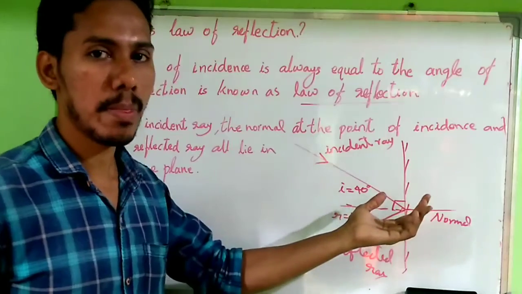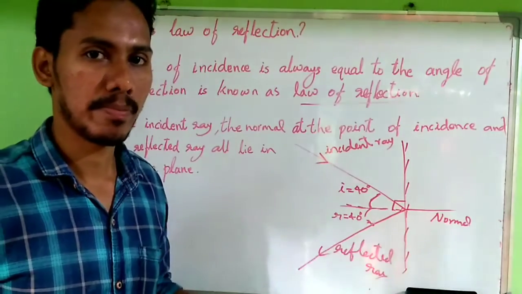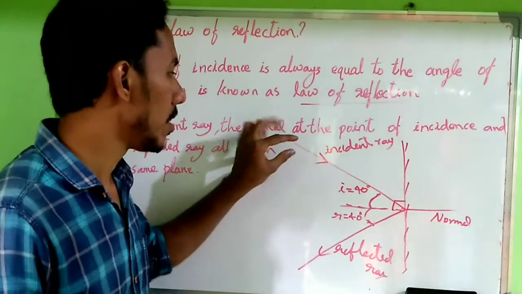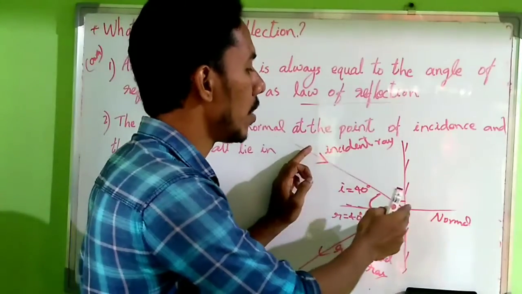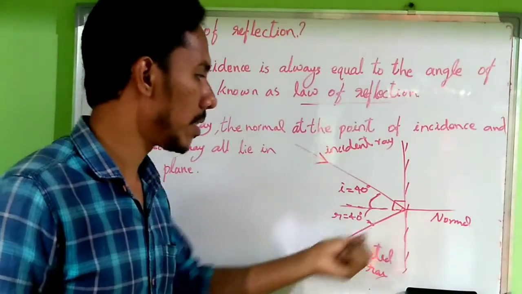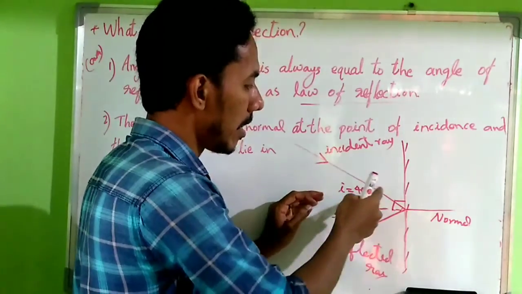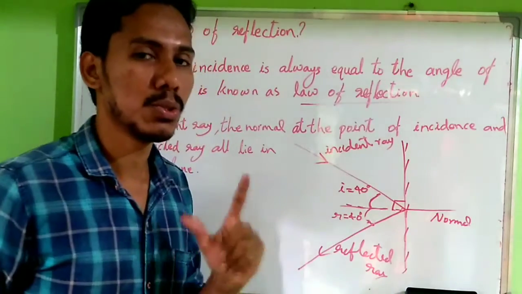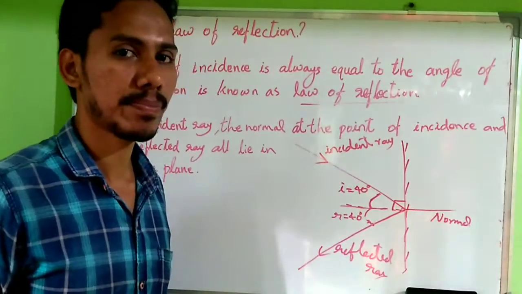We can prove it by an experiment. Take a torch and a plain mirror from your home and conduct this experiment. Put a torch here, allow the light to hit the mirror, and it is reflected back. Assume a normal and compare this angle and this angle. You should get equal angles on either side of the normal.